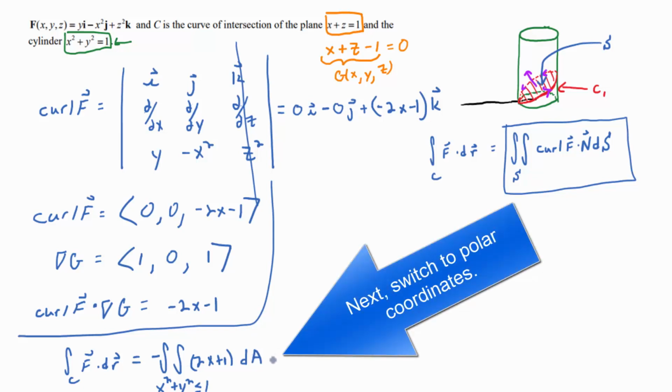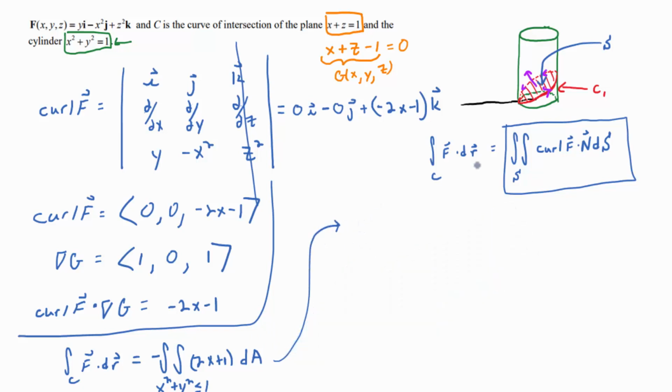So then we're going to integrate over the disk. So if you project this guy down, and when I say this guy, I mean the guy in red here, we get the unit disk in here.